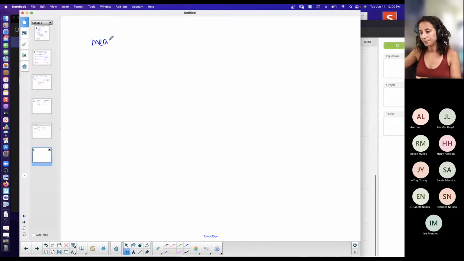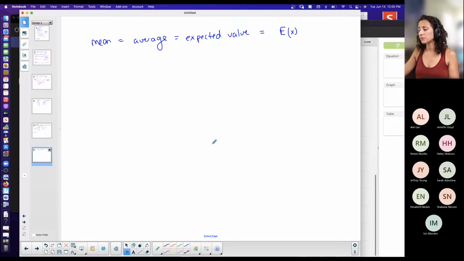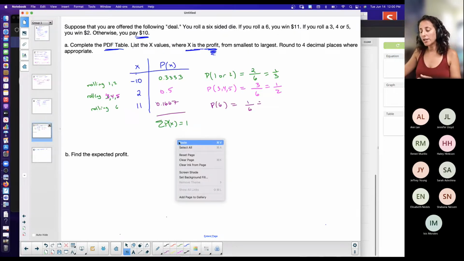Mean, which we know is like average, is the same as expected value when you're doing probability distributions, which is represented, if you ever see it in notation, as capital E of X. On average, if I continue this type of procedure, what would I expect my outcome to be? Or what is the expected outcome on average? That's basically what expected value is. So how much money do I expect to either make or lose on average if I play this game?